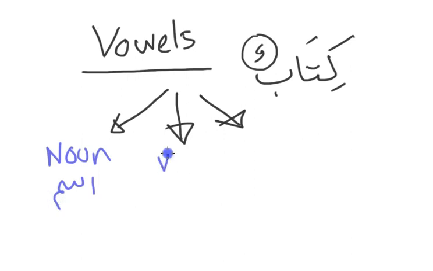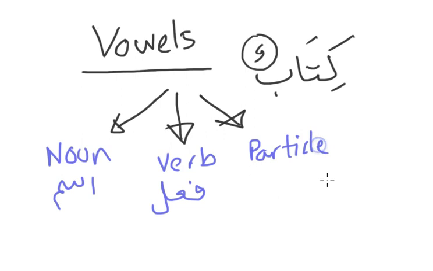One is a verb, what we call fi'l, and one is a particle, what we call harf. So these are all the words in the whole of the Arabic language. If you look at the Quran, Hadith, everything, the words can be categorized into three categories: nouns, verbs, and particles.